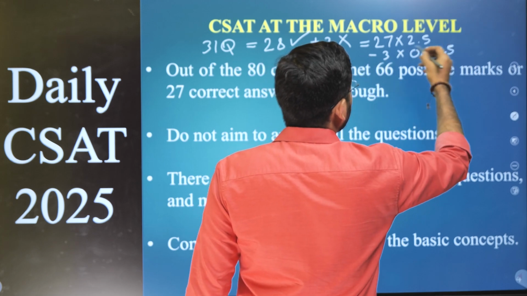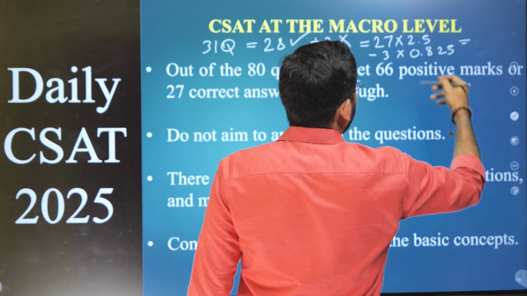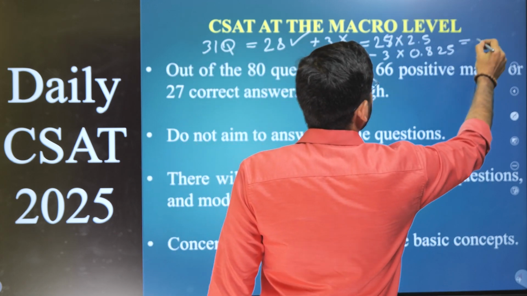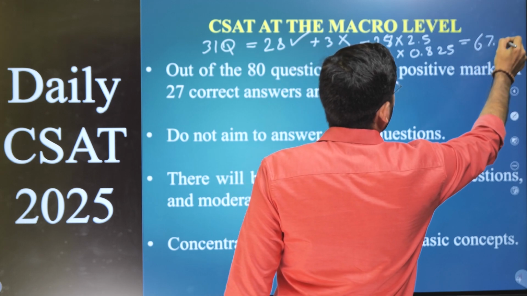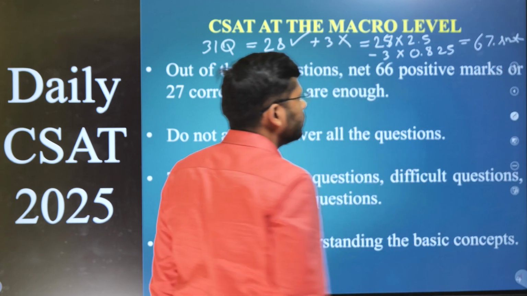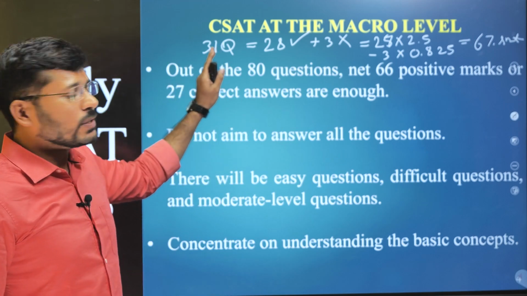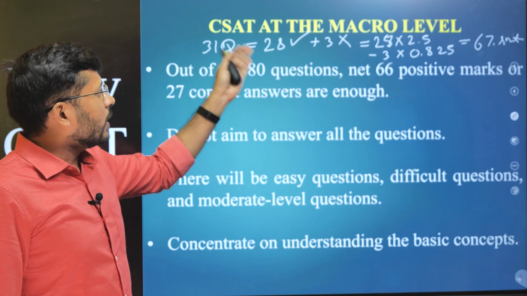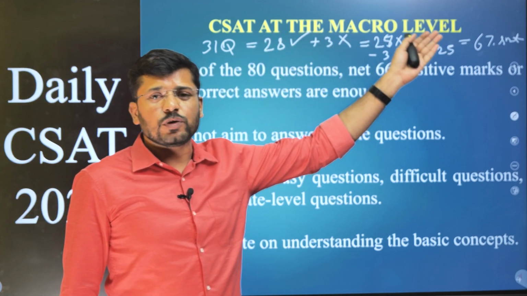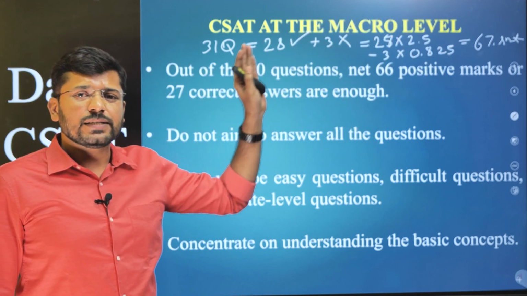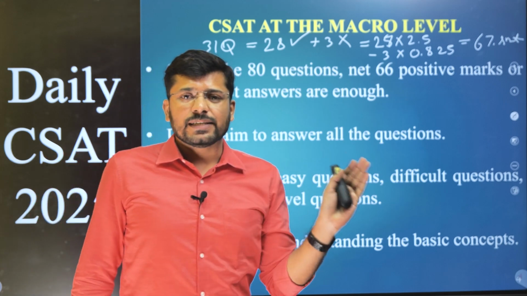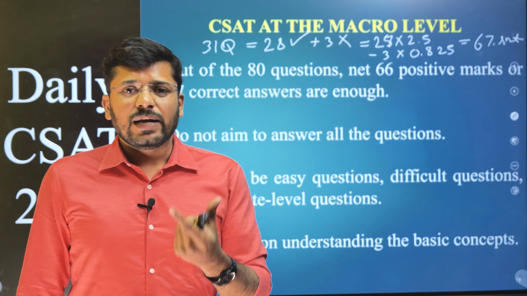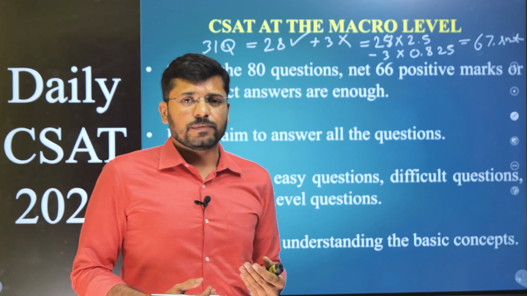I am not sure exactly. So ultimately, I think you will have 67 point something marks. That is okay. So this is how negative marking deduction works in CSAT. Do take this into account while strategizing for your paper.